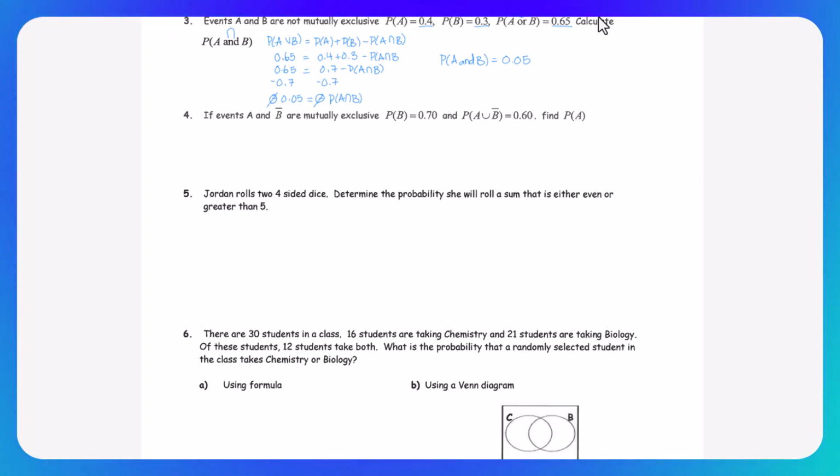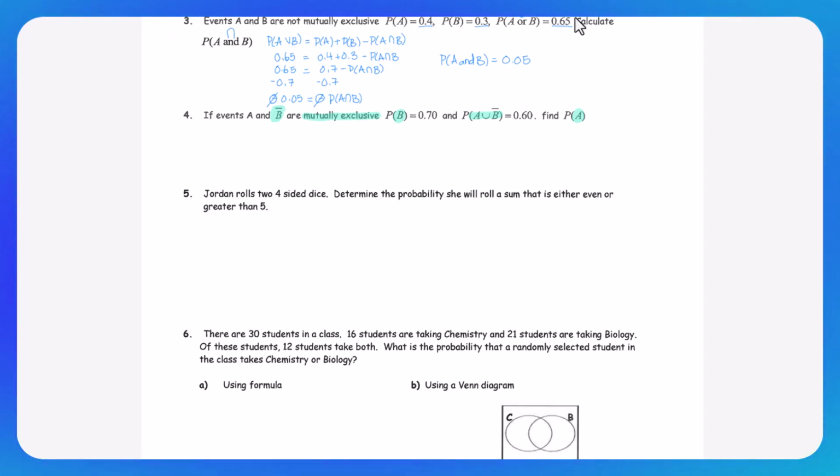Find the probability of A. Now, we have been told that this is mutually exclusive, but we have to keep in mind a couple things here. This is not B, but this is the probability of B, and we're looking for A given A union with not B.